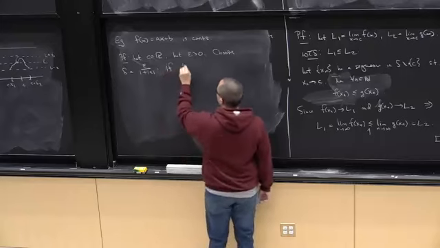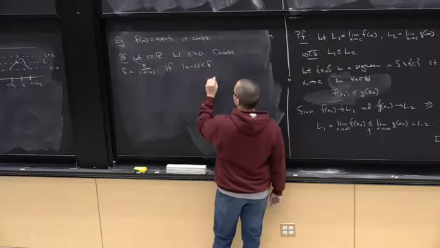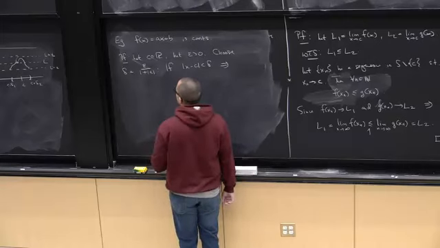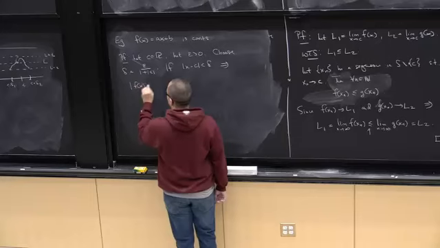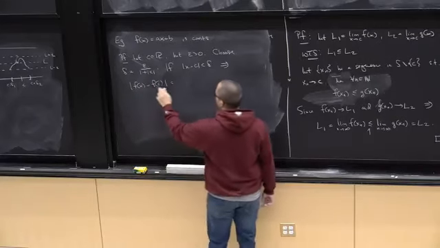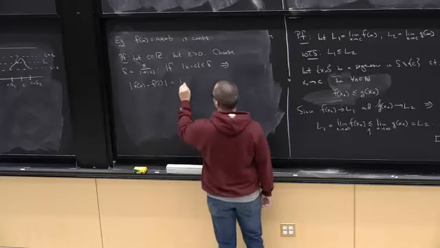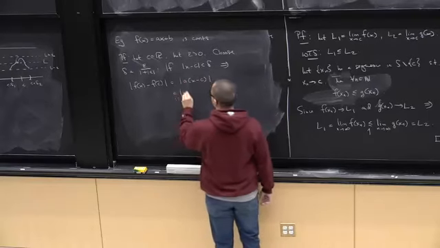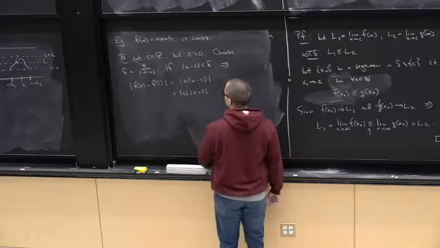So now we have to show this delta works. If |x minus c| is less than delta, we should be able to show that |f of x minus f of c| is less than epsilon. This is equal to |ax plus b minus (ac plus b)|. So this is equal to |a times (x minus c)|, which equals the absolute value of a times the absolute value of x minus c.